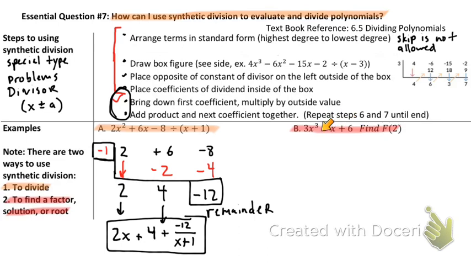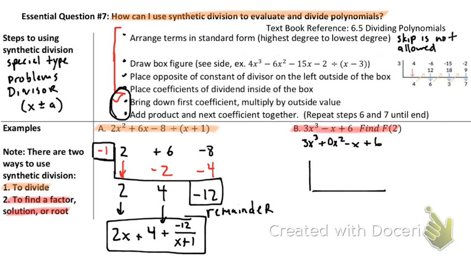So I'm actually skipping a power of 2. So I'm going to rewrite this guy with this included power. So it should be 3x to the third plus 0x squared minus x plus 6.